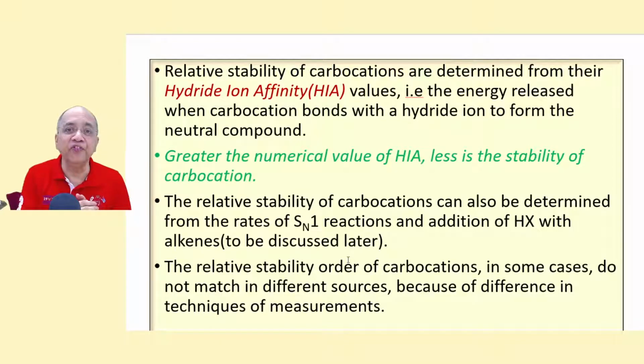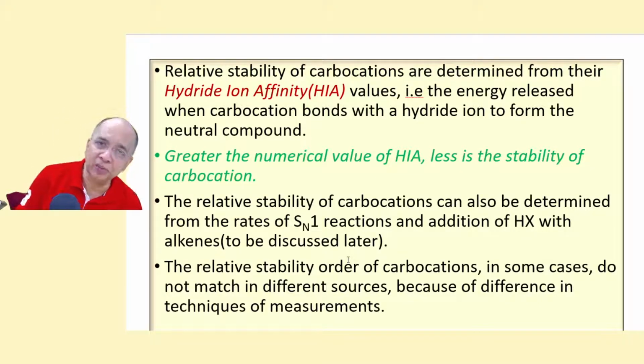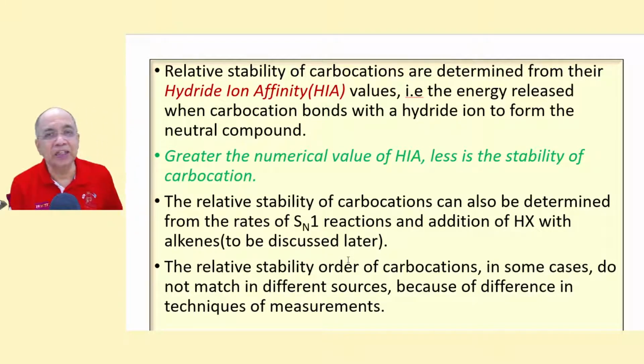That is not a very reliable tool for all types of carbocations, because many do not go via carbocations or via the SN1 mechanism. Therefore, hydride ion affinity values give a dependable idea about the relative stabilities of carbocations.